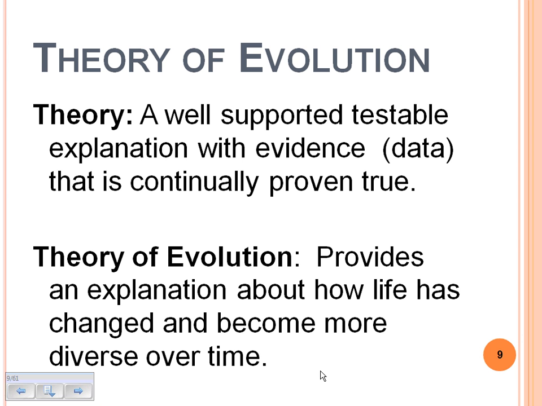We have a misconception of evolution. We're just giving an explanation of how things have changed over time. We're not talking about how things initially came into existence. We're just talking about how different species have changed over time and the evidence that we look at to decide that.